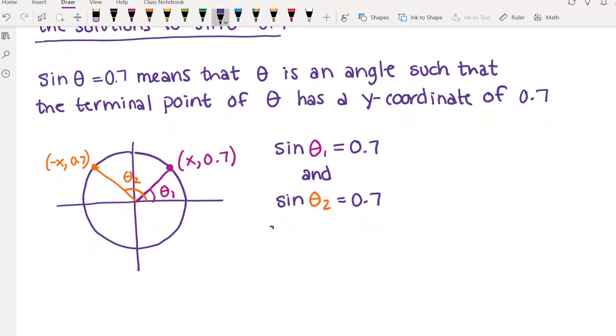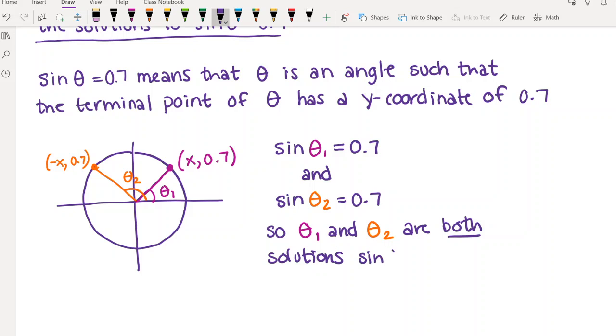And so that tells us that theta 1 and theta 2 are both solutions to sine of theta is equal to 0.7.